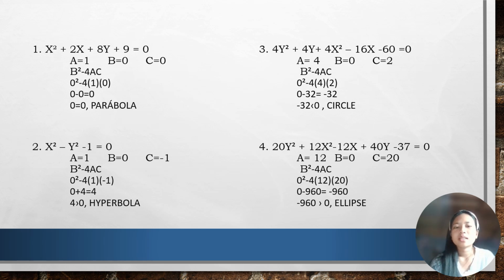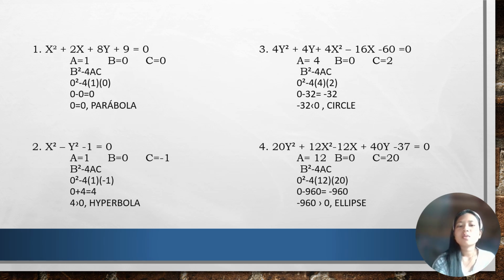Next, number 4 is 20y squared plus 12x squared minus 12x plus 40y minus 37 equals 0. First thing to do, we get the values for a, b, and c. So a is equal to 12, b is equal to 0, c is equal to 20. Then substitute the given in the formula b squared minus 4ac.